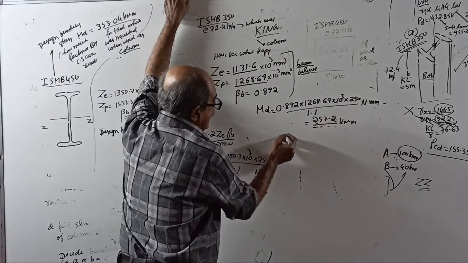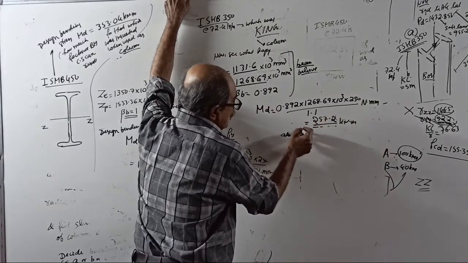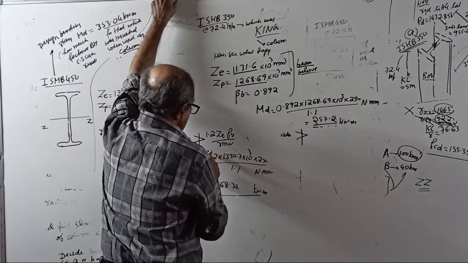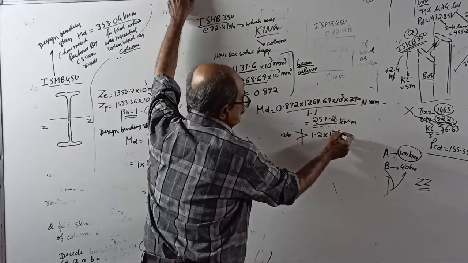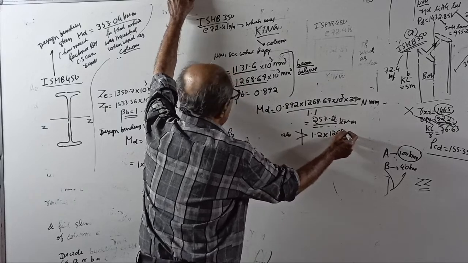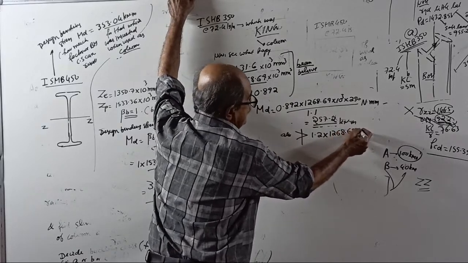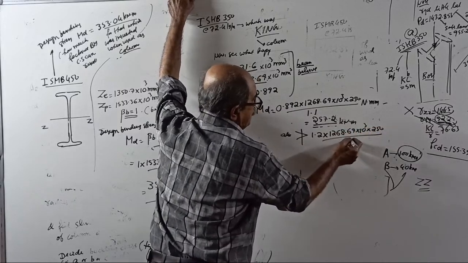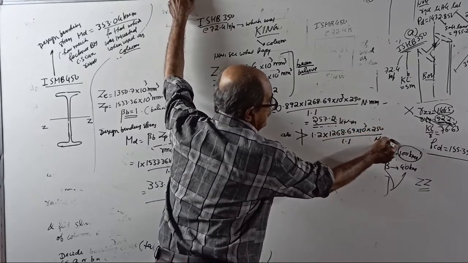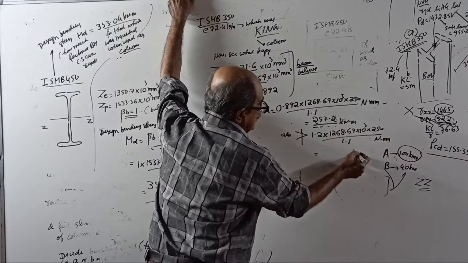257.2, and also not more than what? 1.2 into Z elastic. 1268.69 times 10 to the power 3 into 250 divided by 1.1. Again Newton millimeter, tell me this also in kN meter.